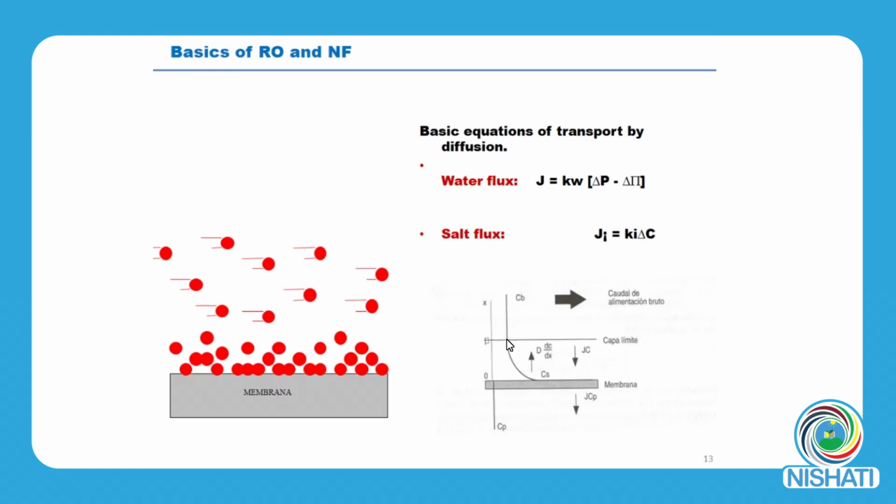So you can see here, the bulk concentration has a value, but as we are going closer to the membrane, the salt concentration increases, okay? You can see. And these two equations are very important.